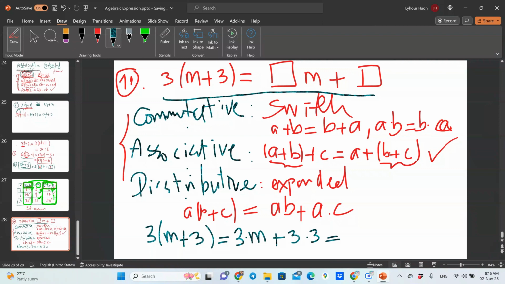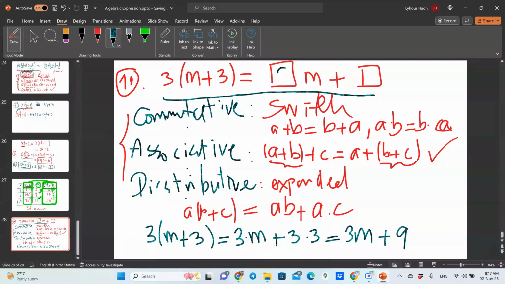Is it already the result? No, we can calculate a little bit more. 3 times m is 3m. 3 times 3 is 9. So now we can fill in the box.